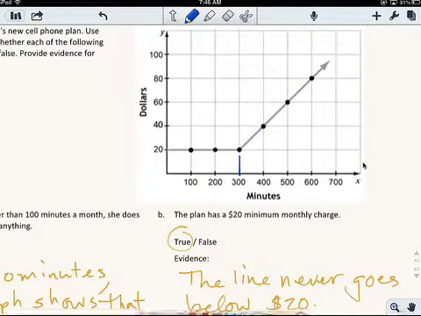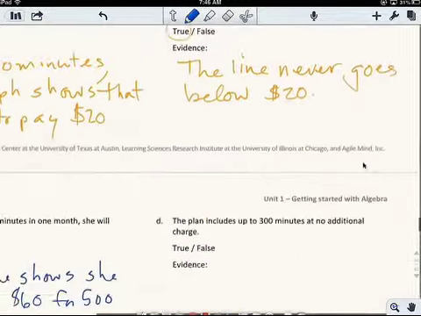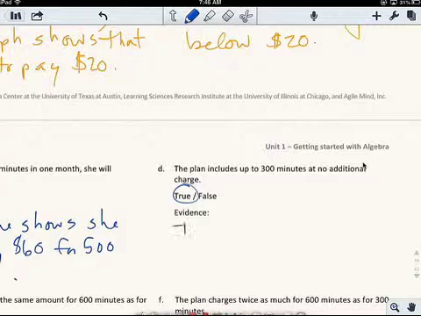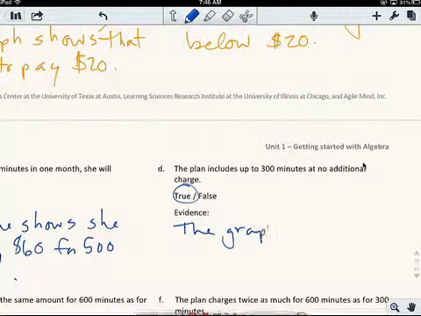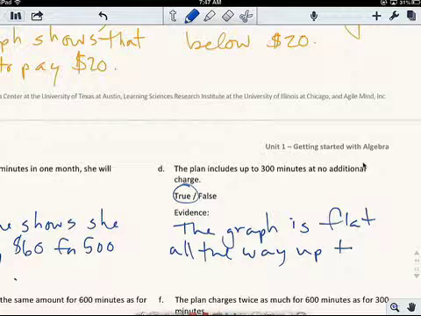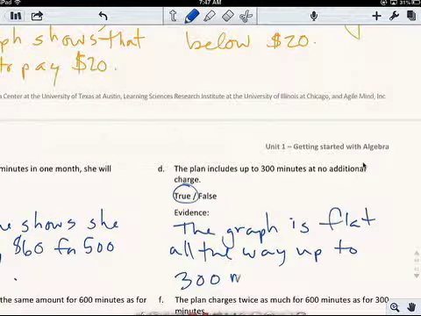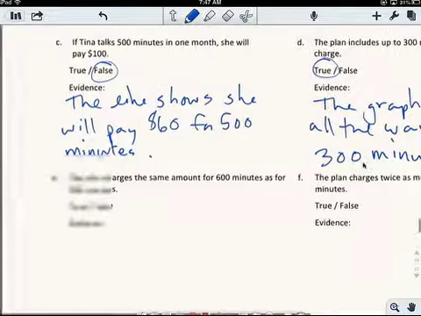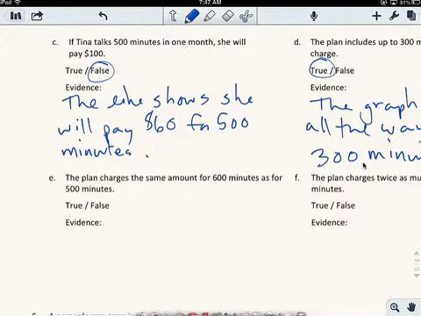And so when I think about that, it seems that it must be a true statement. The graph is flat all the way up to 300 minutes. It means anything from 0 to 300 minutes costs only $20.